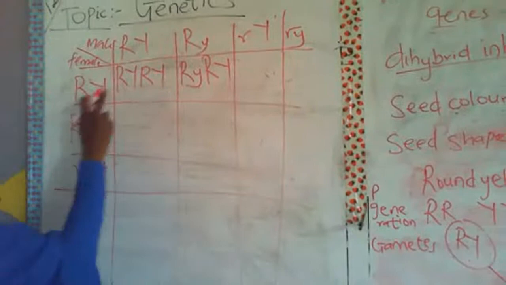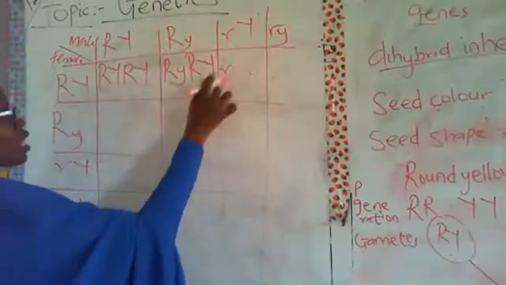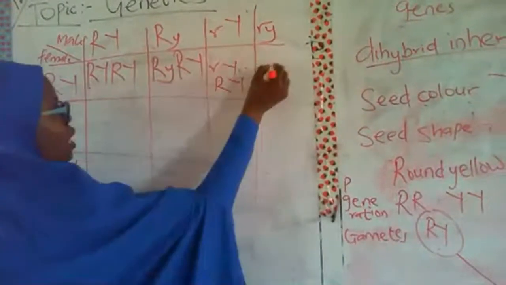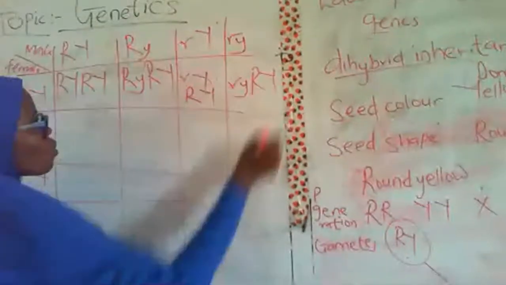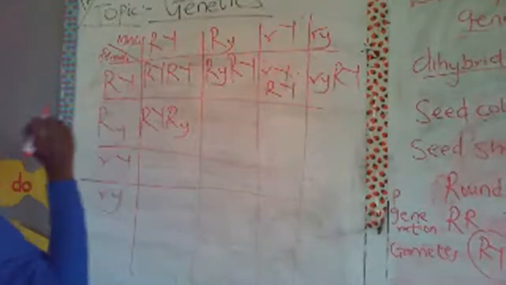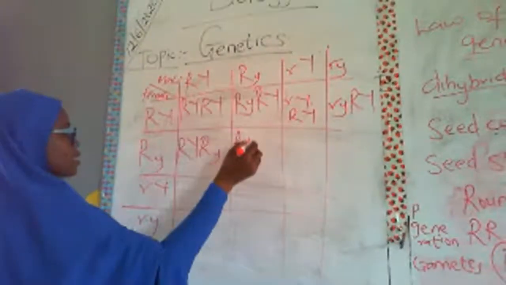Now, this one also is crossed. We have small letter R, capital letter Y, then capital letter R, capital letter Y. This as well is crossed. Small letter Y, R, small letter Y, then capital letter R, capital letter Y. Now, the same way, capital letter R, capital letter Y, then capital letter R, small letter Y, then this also capital letter R, small letter Y, then capital letter R, small letter Y. Hope I'm getting it.